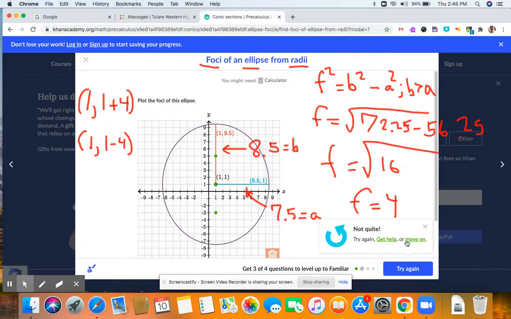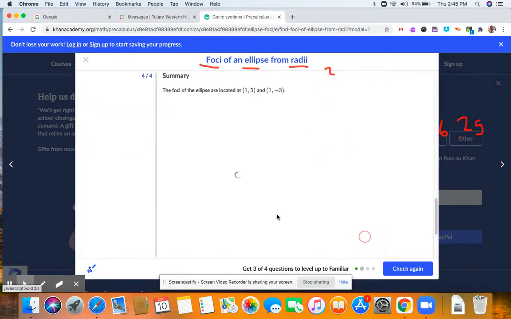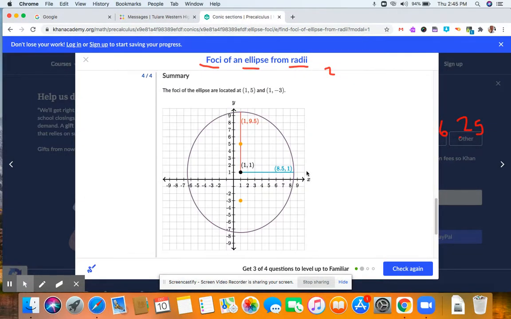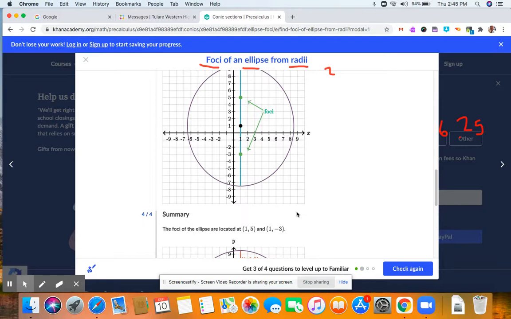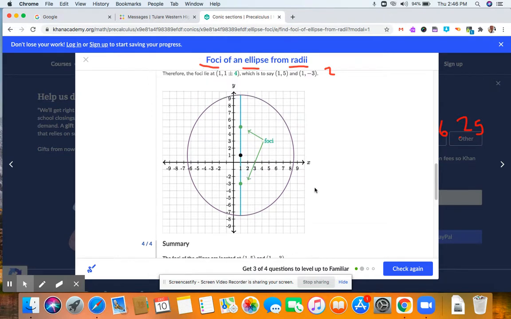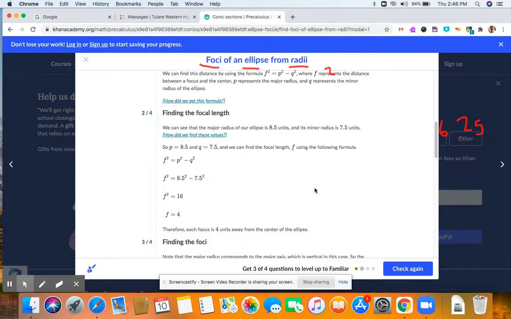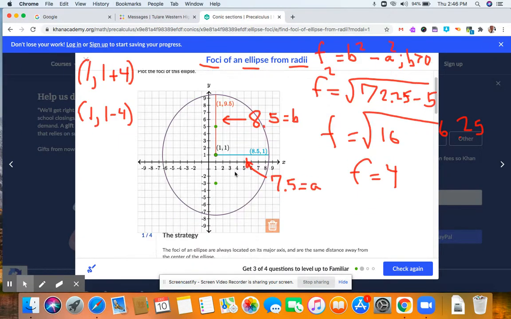Let's see. What did I do wrong? Do you see any mistakes on my side? I thought that's what I had. Here's my answer: 1, 5, 1, negative 3.